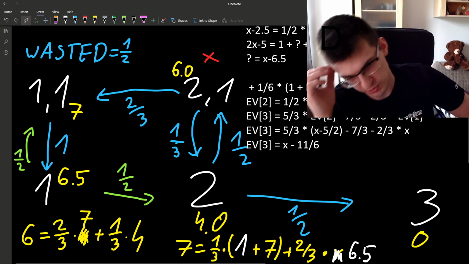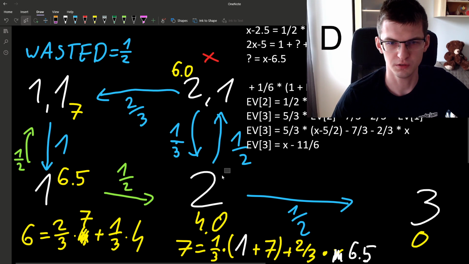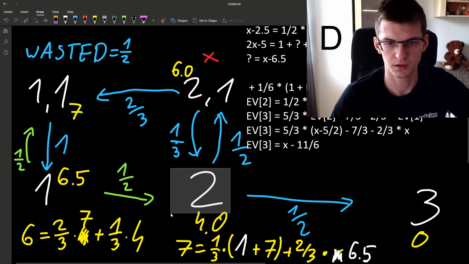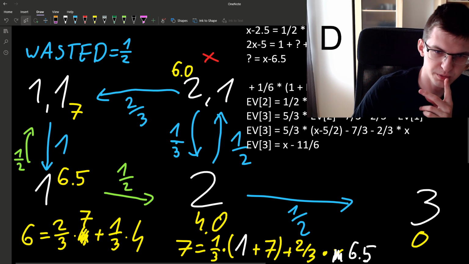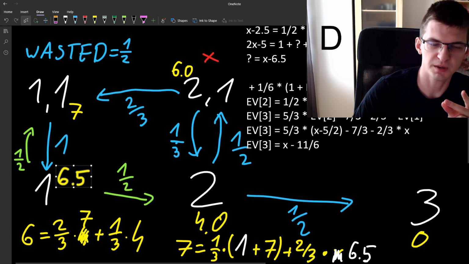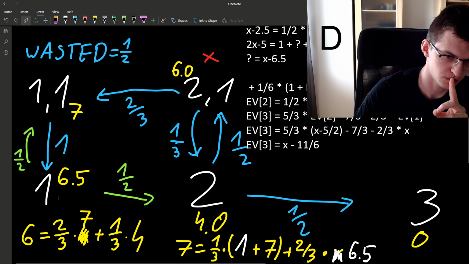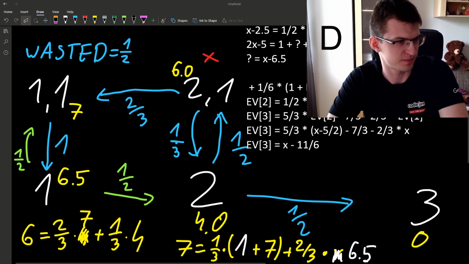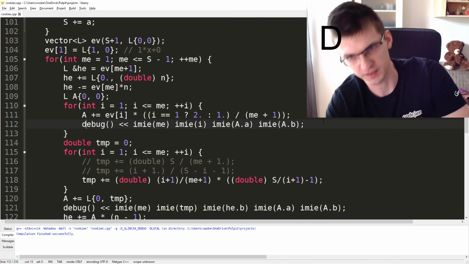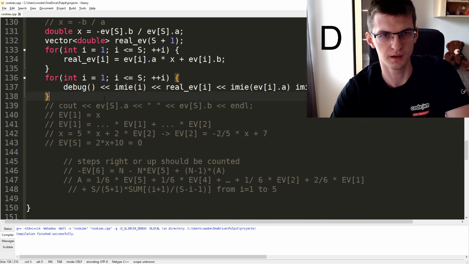And I said that there is probability 1/3 that I get to this one, and 2/3 that I will get to this, but before I get to this, I will waste some more moves. Okay. My program is correct. I didn't know how to use the answers. I computed real EV.